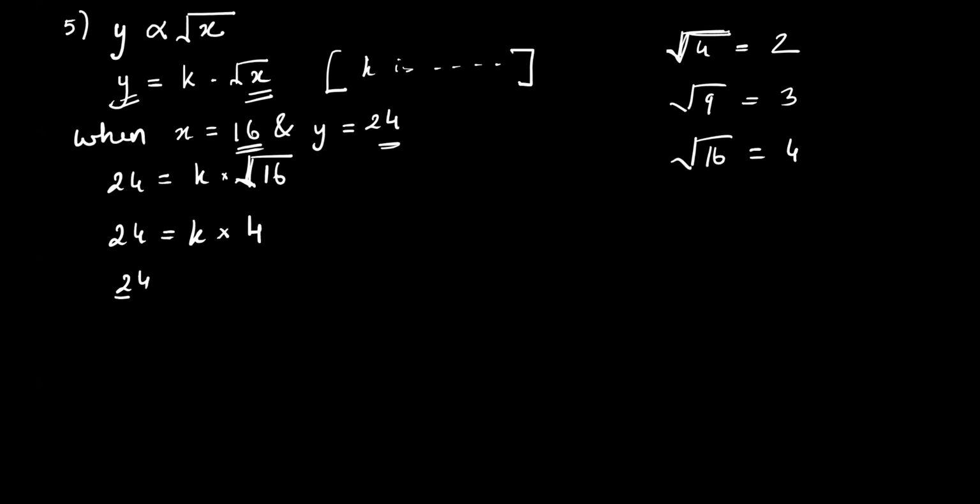So 24 upon 4 is equal to k. So what is the answer? 6. So now I've gotten k is equal to 6, correct?